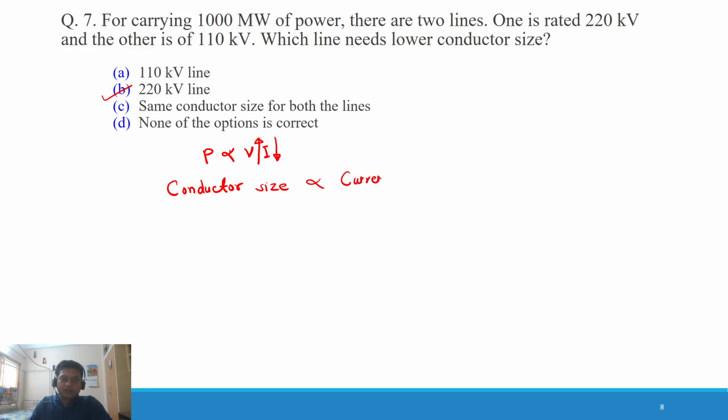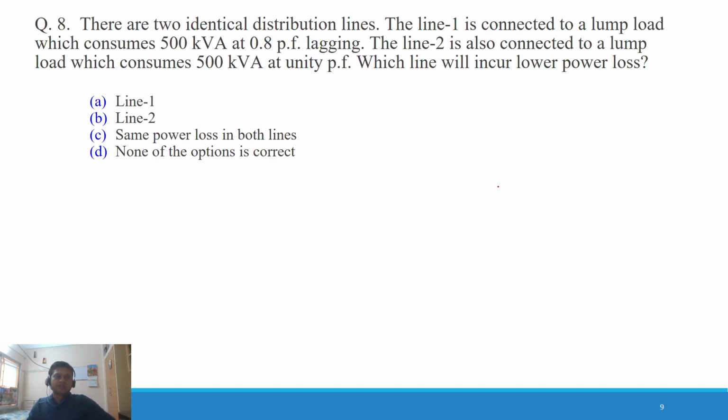So for a higher voltage level, the current will flow lesser, so the conductor size also becomes lower. So the conductor size is directly proportional to the current carrying capacity. Now let us see the next question.